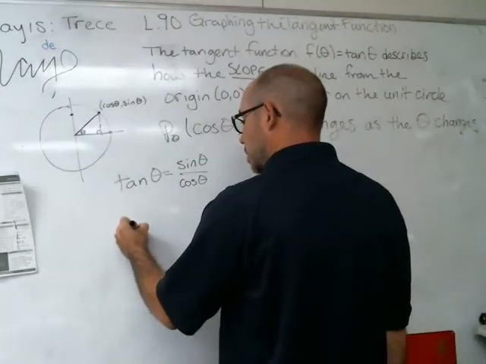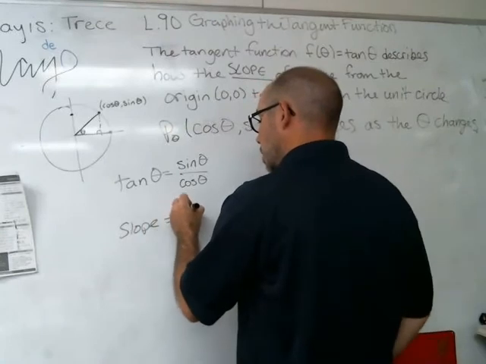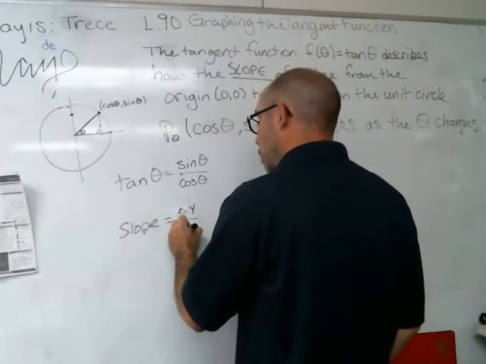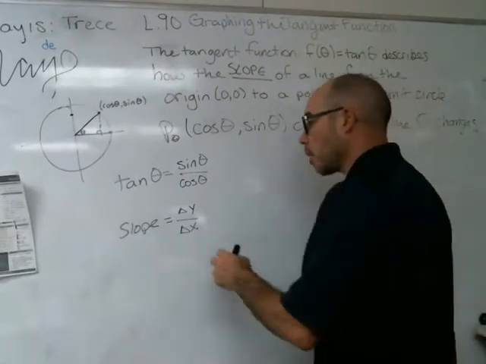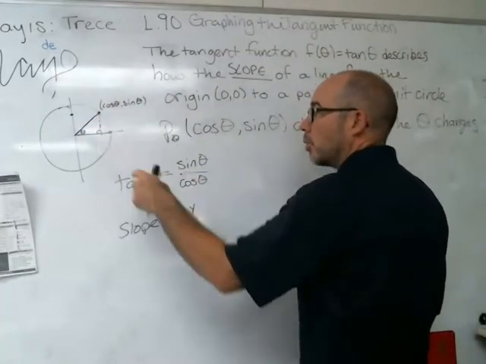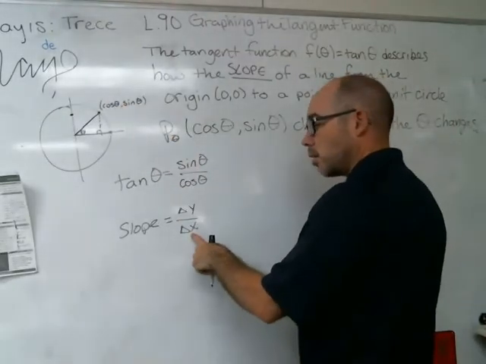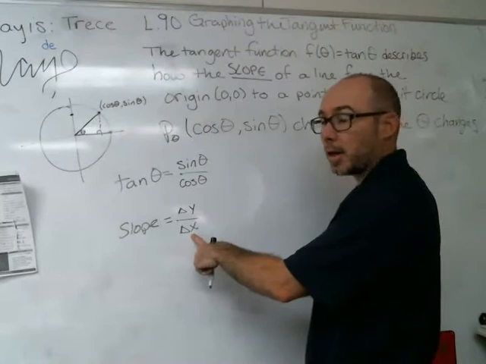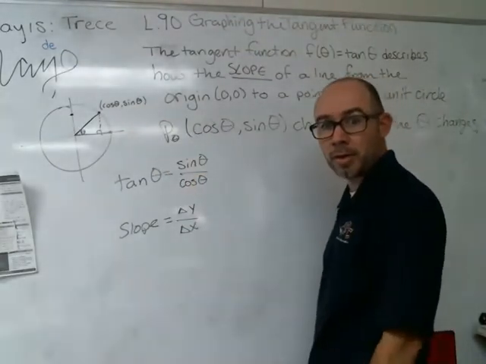And let's just try to demonstrate that. Slope is a change in y over a change in x. And on our unit circle thing, we've always been associating here cosines with changes in the x values and sines with changes in the y values.